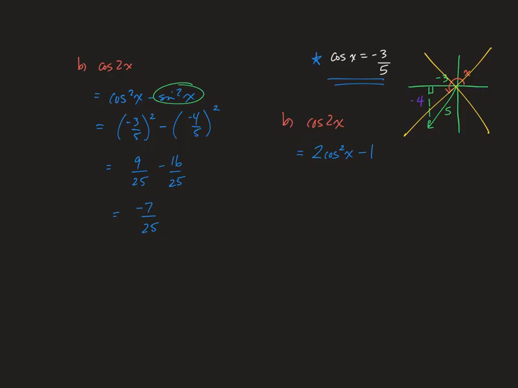The way I remember which version it is since I have coses in the original, then my 2 cos squared comes first. The other form that I have to try to debate between was, well, was it a 1 minus the 2 cos squared? No. Because my original was coses, if I want to put the 1 first, that makes the sines go second. That's just how I remember it. Could be a useful device.